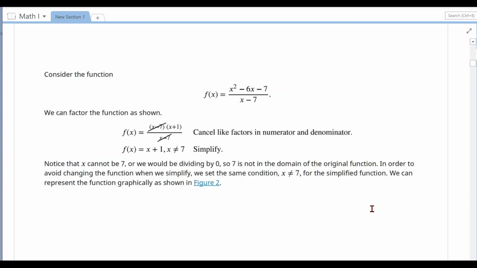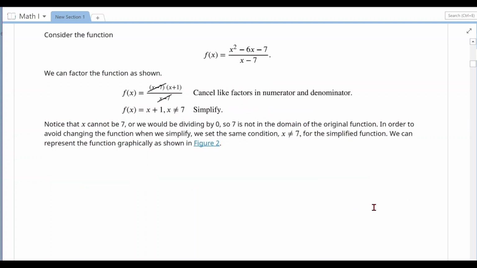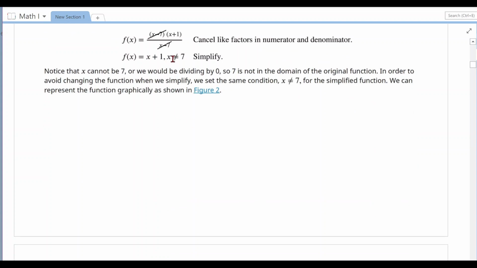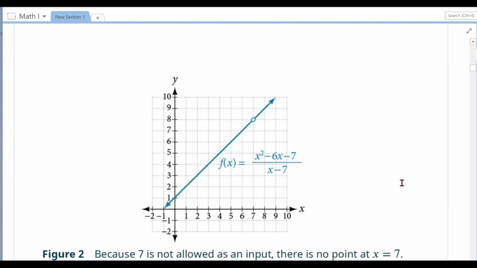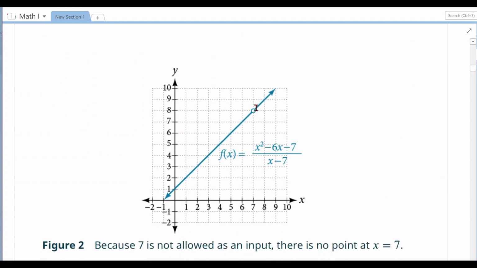If we represent this in a graph, the function x plus 1 will of course be a straight line, except that at x equals 7 there is a discontinuity, which is a type of removable discontinuity, as you can see in the form of a dot here.